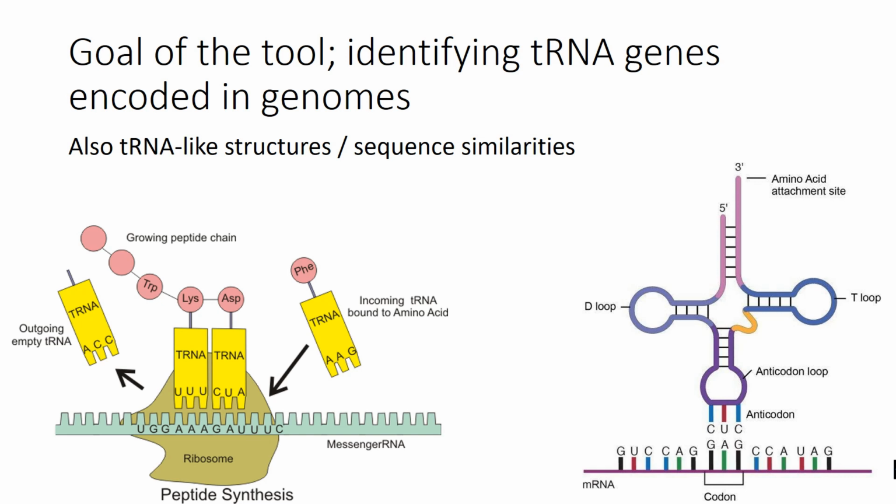Attached to the tRNA is an amino acid that binds to this tRNA isotype. In the right image you can see an example of a secondary structure of tRNA with clearly visible the anticodon in close proximity to the mRNA sequence.